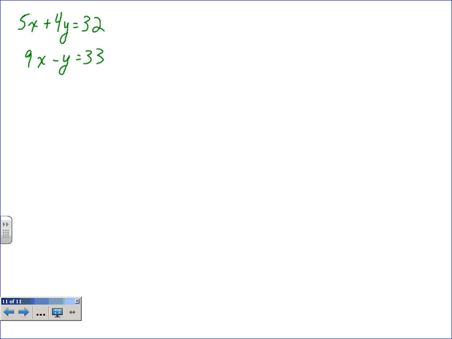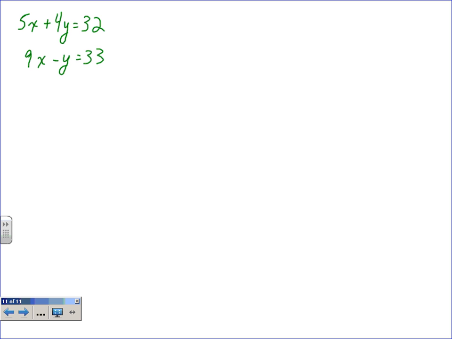It doesn't matter that we have big numbers. The first thing I'd ask you to do is look for a variable that has a coefficient of 1. If you look at the top equation, what are our coefficients? 5 and 4, right? I'm going to leave that one alone.